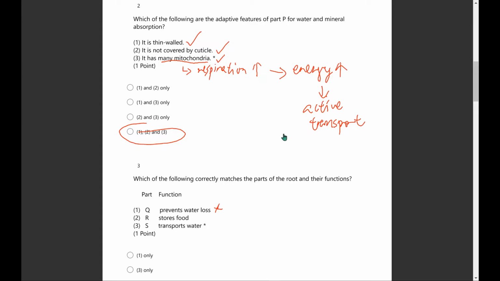Then R is the phloem. Its function is to transfer the food, the organic nutrients, so it's not storing food. Cortex cells should be the ones that store food. S is the xylem, and its function is to transport water. Therefore the question 3 answer is B, 3 only.